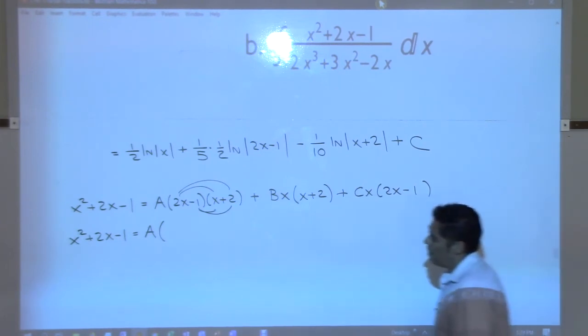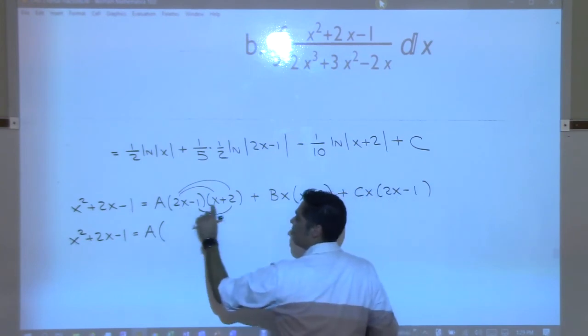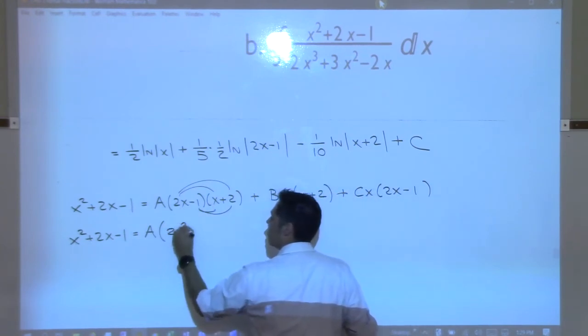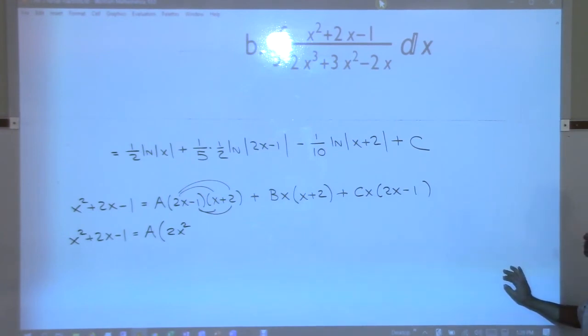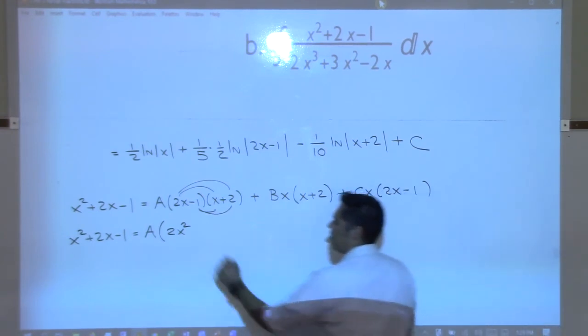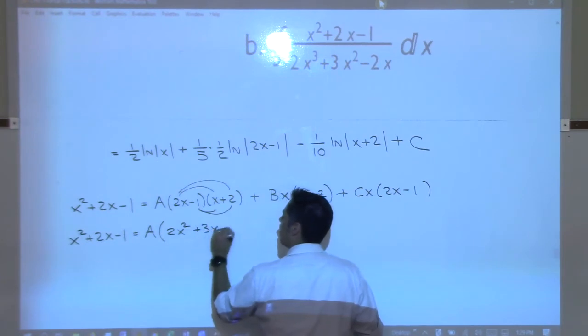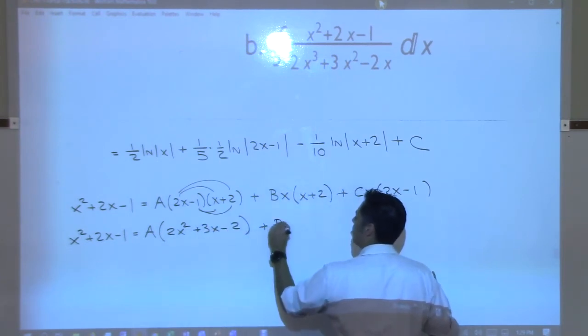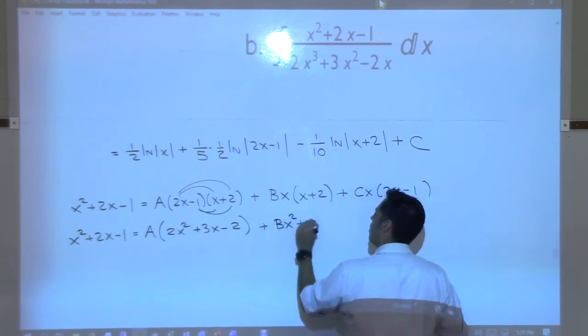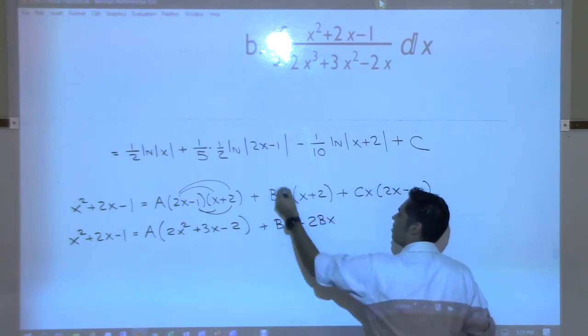All right, so I'm going to expand this. That's 2x squared. What about my middle term? It becomes 3x, and then minus 2. And here, this one we can just distribute through: bx squared plus 2bx. So I just did here to here.